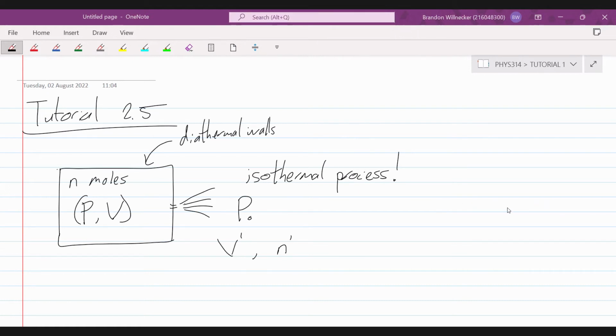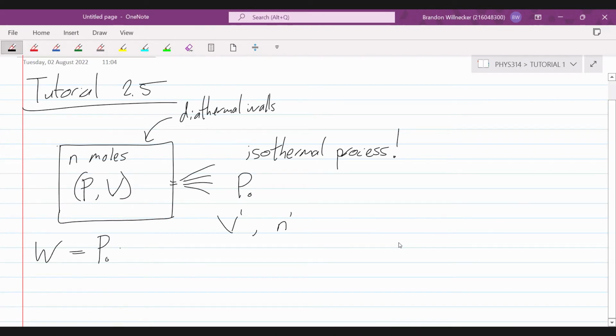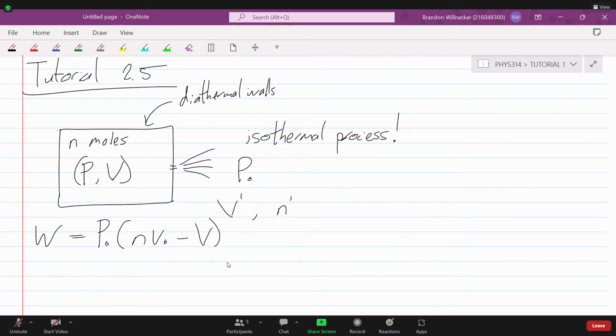Okay, so the question is, find the work done by the gas and show that it's equal to W is going to be P naught, N times V naught minus V. So P naught, that's the pressure, N is the number of moles, V naught is the molar gas volume.